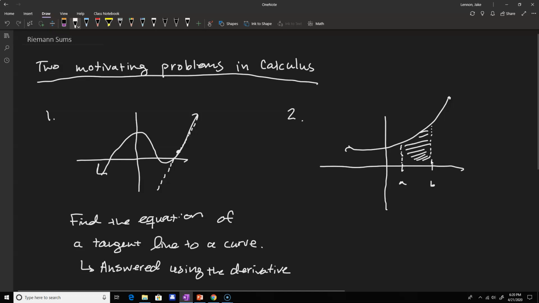So can I find that shaded area? The majority of this is done in Calculus 2. It encapsulates the fundamental theorem of calculus part 1 and part 2. But we will look at a technique for solving this numerically, known as using Riemann sums. So this is what we look at in this section.